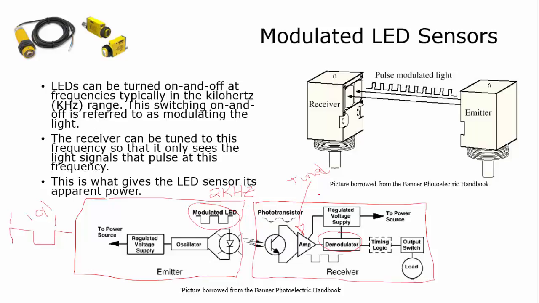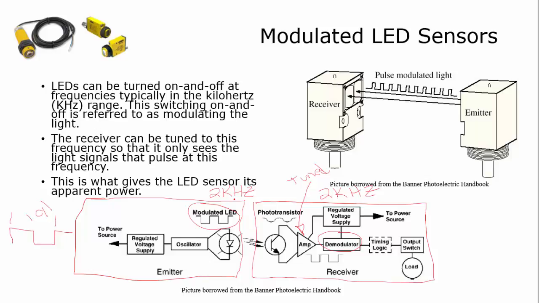So this amplifier will only see light that's turning on and off at 2 kilohertz. Therefore, it's not going to see ambient room light. It's not going to see other LEDs. It's only going to see an LED that's turning on and off at a 2 kilohertz rate. All of a sudden, I can get large distances off of these sensors, whereby I can place them feet to yards from each other and still have them see the light from the receiver or from the emitter.